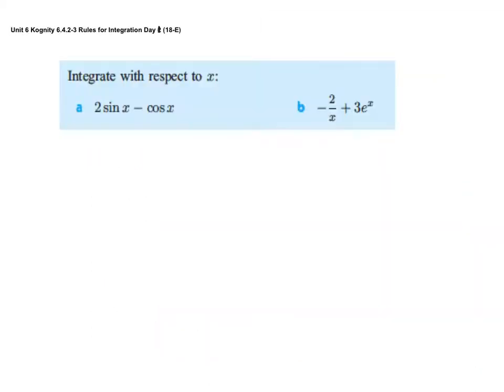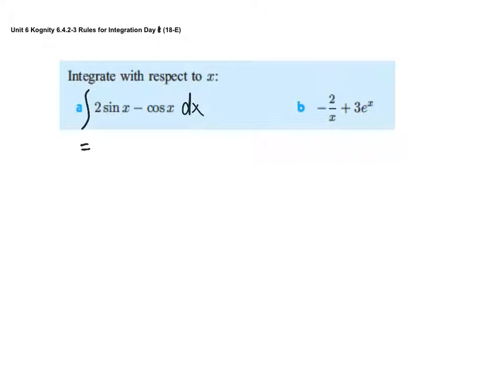Alright, so how do we use these rules? Well, there are a number of different properties that we can look at that will help us. For example, if I'm trying to take the integral with respect to x of 2 sine x minus cosine x, one of the rules that we can use is that if you're taking the integral of things that are added or subtracted, you can split that up into separate integrals, okay?